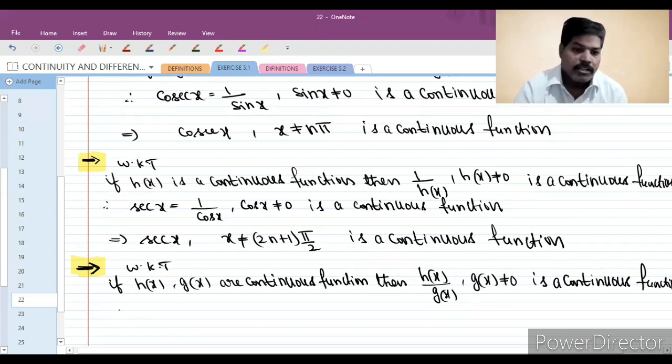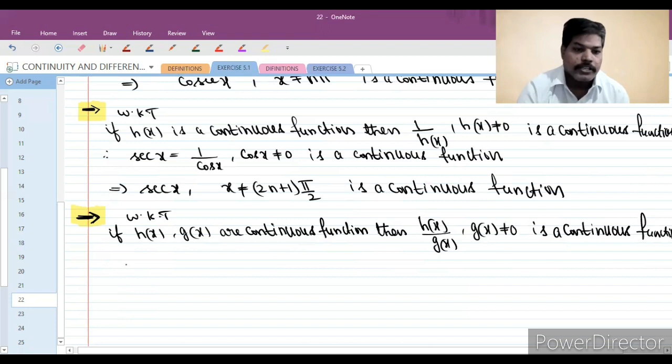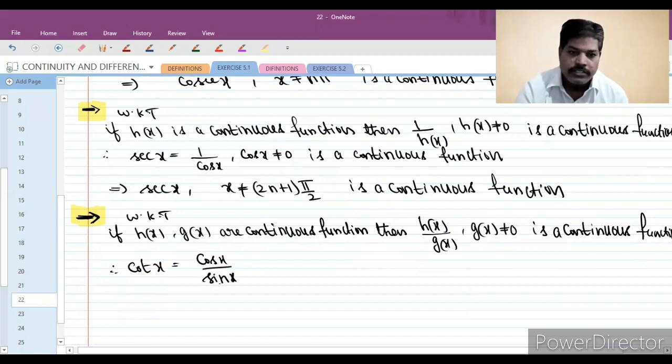So that is nothing but, therefore what we will take: what is the cot x, students? Cot x can be written as cos x by sin x. So here cos x and sin x are continuous functions, and h of x by g of x is also continuous when sin x is not equal to 0.